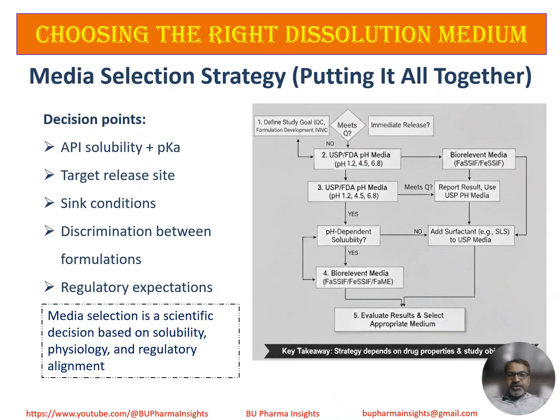When selecting a dissolution medium, bring everything together: API solubility and pKa, target site of drug release, ability to maintain sink conditions, discrimination between formulations, aligned with regulatory expectations. A good medium is scientifically justified, clinically relevant, and regulatory ready.